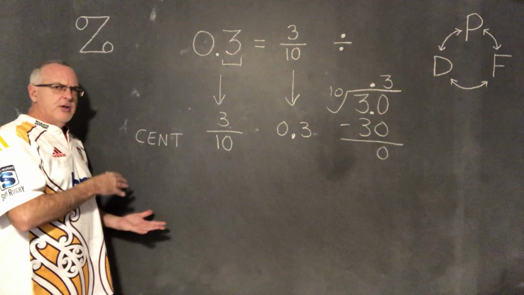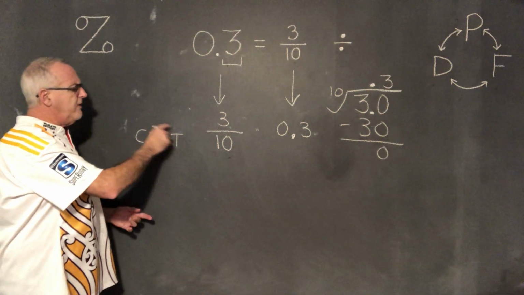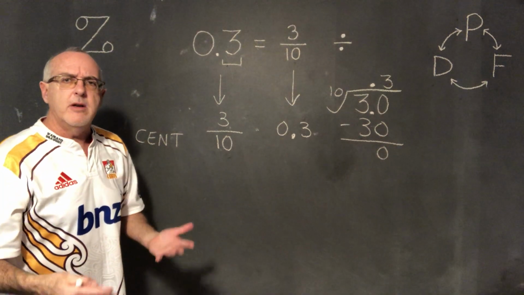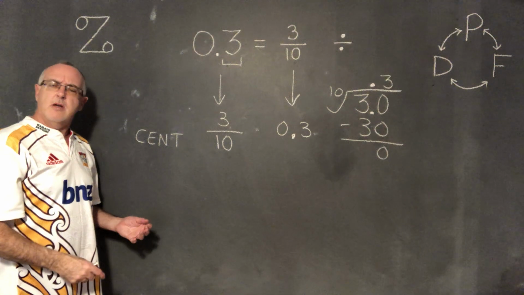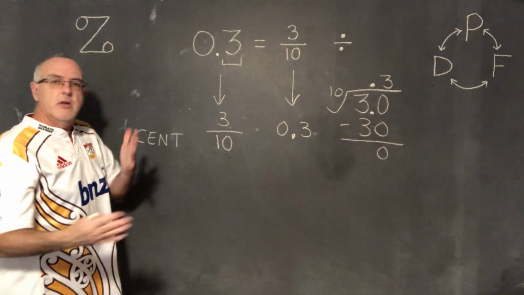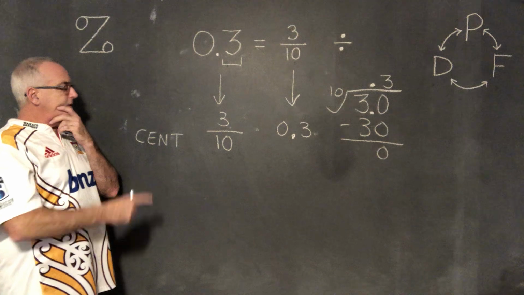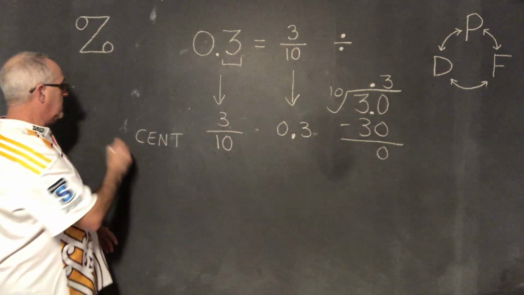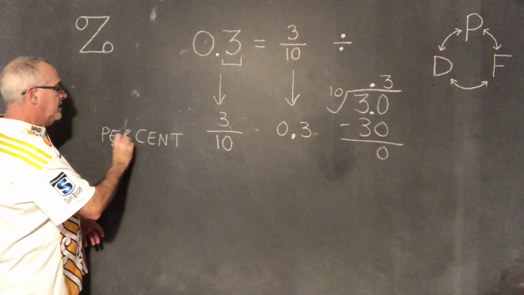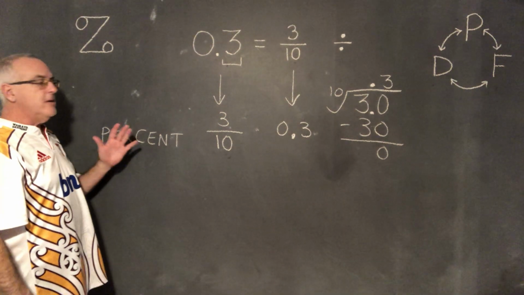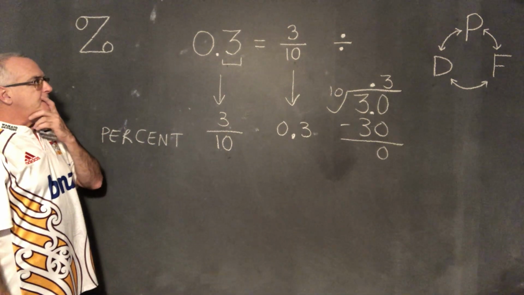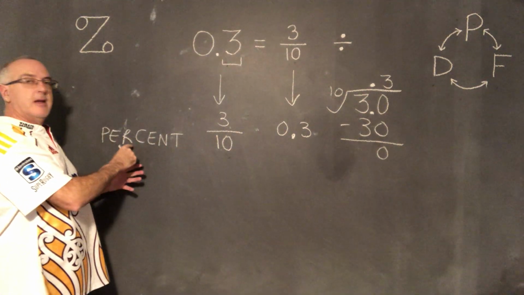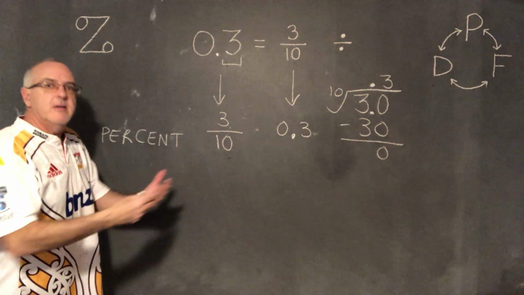So there's a relationship between what we know of this word in English, where a cent is a penny, 100th of a dollar, and in French, cent is 100. If you know that, it makes it easier to remember what the word percent means. I never wrote the word percent anywhere, so I will. Percent means out of 100. And that is an important concept because we're going to learn a whole lot of things about a percent, where knowing that it means out of 100 is part of what we do.